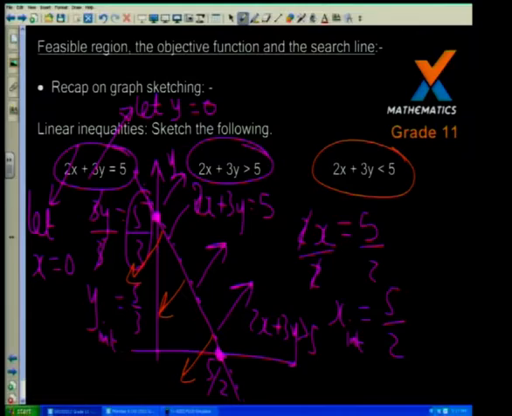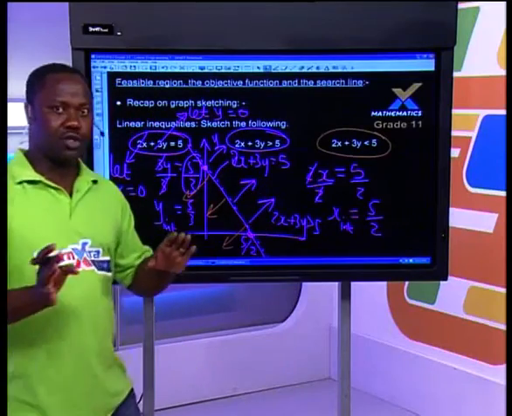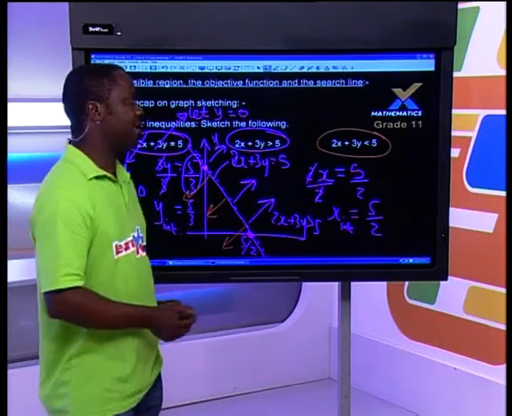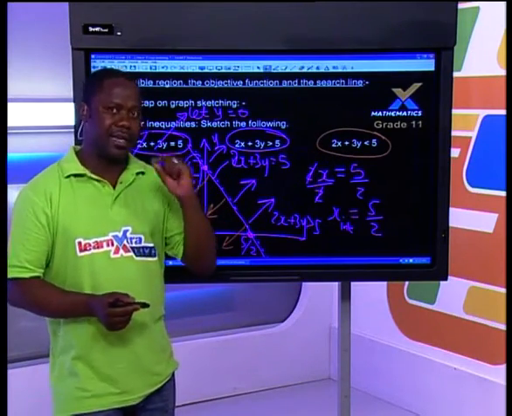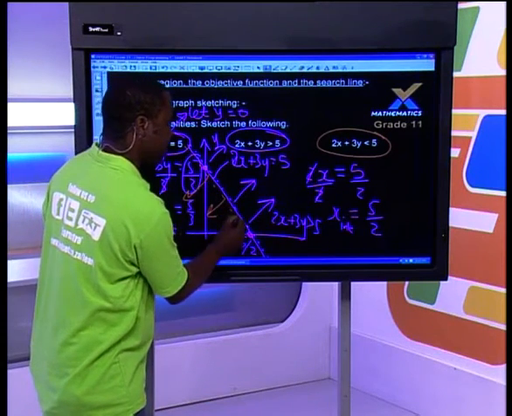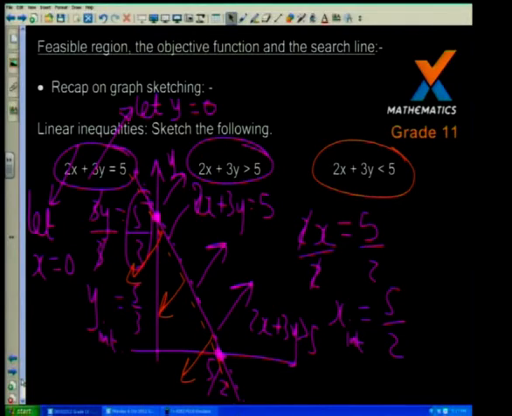So basically that's how you will be showing the inequality. Again, the fact that it said less than, and it didn't say less than and equal to, you then have to show this line as dotted because the equal part is not there.